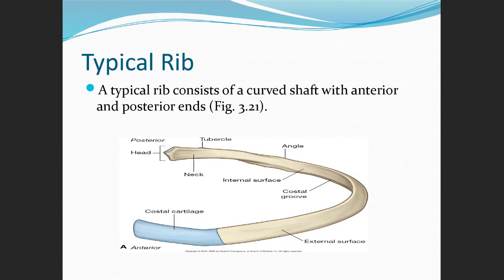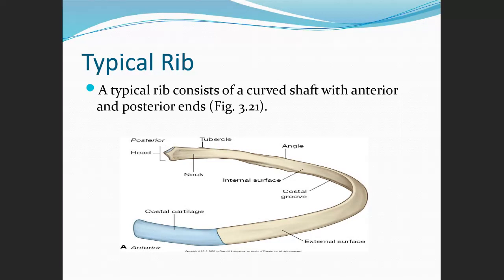And that costal groove is on the inferior border of the rib, so not up here, it's all the way on the bottom. On the inside, that costal groove would have the nerve, artery, and vein, known as the intercostal vein, intercostal artery, and intercostal nerve. And they go in that order from superior to inferior. We usually remember them as VAN, so vein, artery, and nerve.